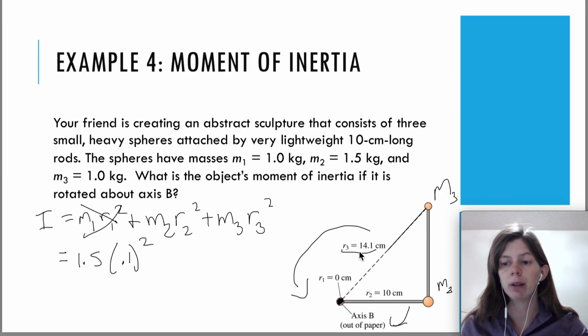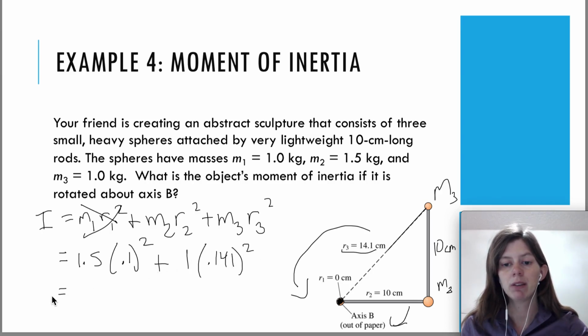And we're given the value 14.1, but in general, you'd have to calculate this value because you know that both sides of this triangle are 10 centimeters, so you would have to use the Pythagorean theorem to calculate the 14.1 centimeters. But since we're given it in the picture, we're going to go ahead and plug it in. So that's going to be 0.141 squared times the mass of 1.